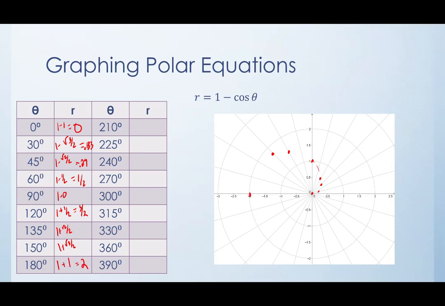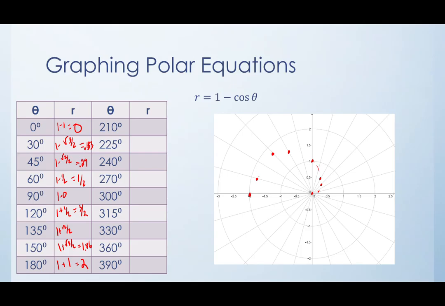So we can go ahead and mark that one here. And so let's see, 1 plus cosine 150, that would be about 1.86. So we're about here, right? So you can kind of see the pattern here.